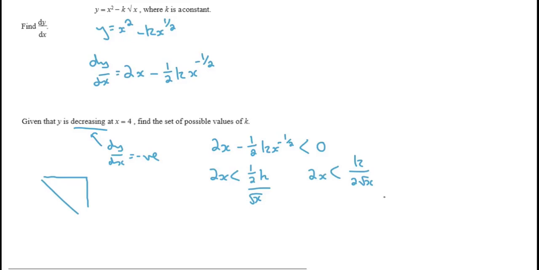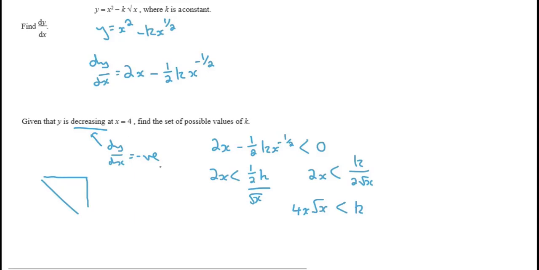Here then, if you want to get the k on its own, you'll want to bring up the new denominator, because we don't want our k being divided by anything. The way you bring it up is to multiply, so you end up with 4x root x.